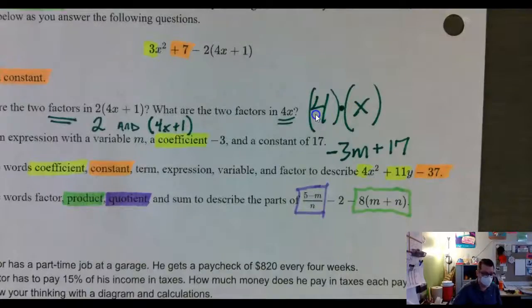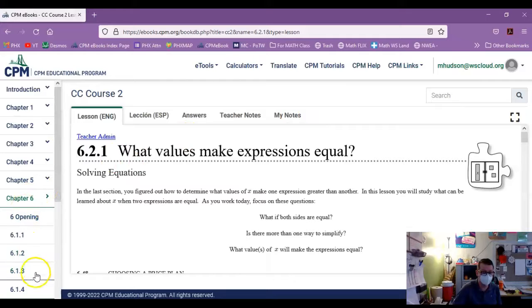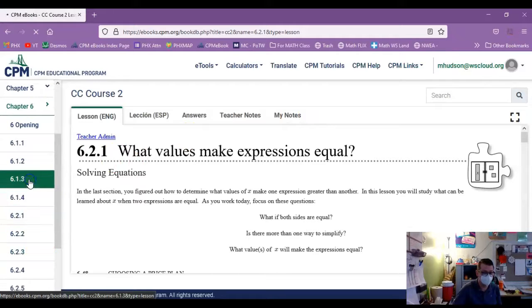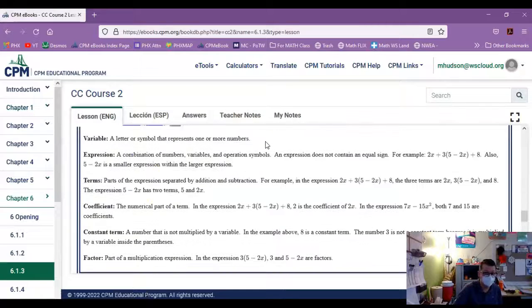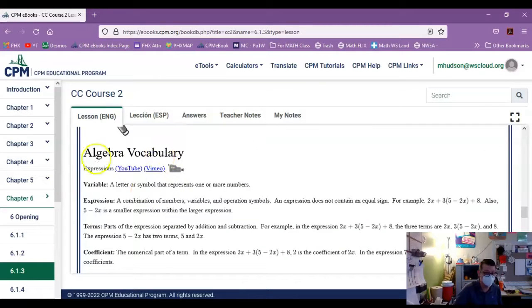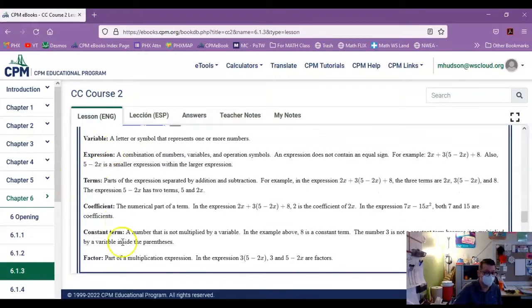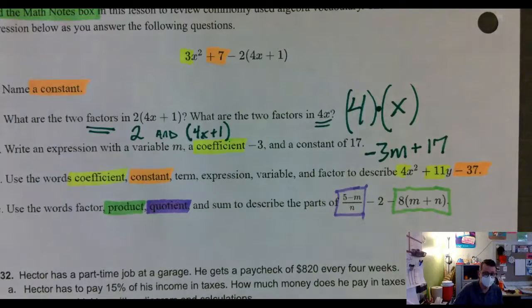But if you're actually looking for the math notes box, if we went to the 613 lesson, it says, read the math notes box in this lesson, and we go, ooh, look, algebra vocabulary. Here's all of our information about algebra vocabulary in our textbook for us. You should have your physical textbook still, and of course you've got the ebook.